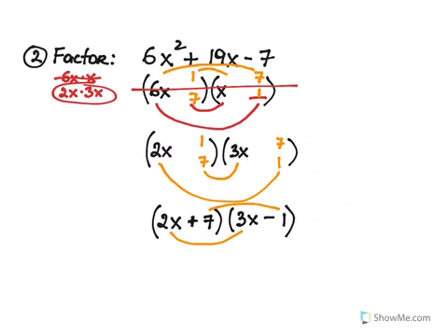And the middle term will come from 21x positive and -2x negative. Combined together, they would give you 19x. Thus, 2x plus 7 times 3x minus 1 is the resulting expression.